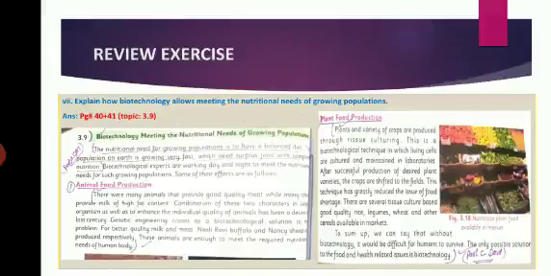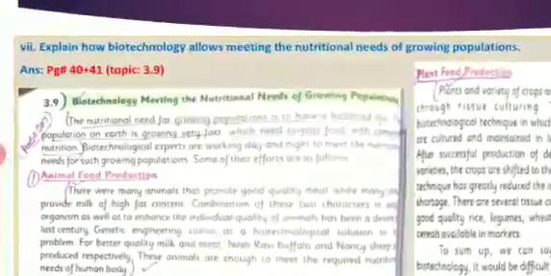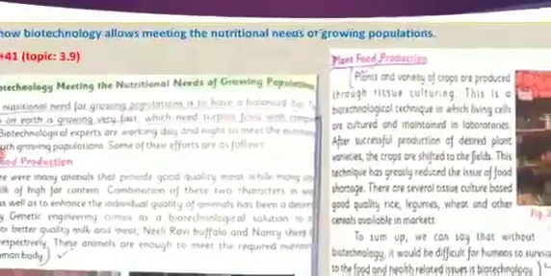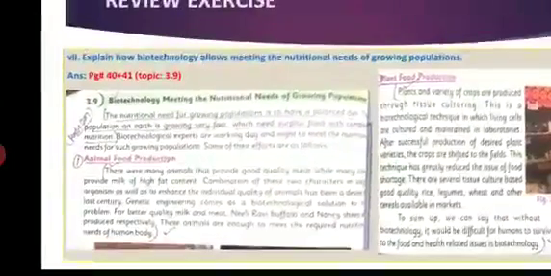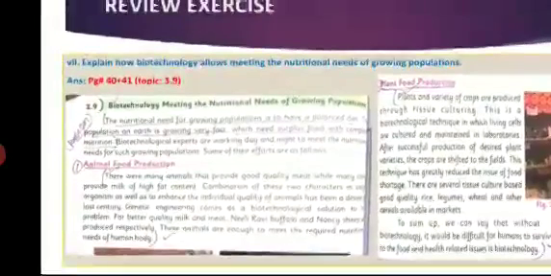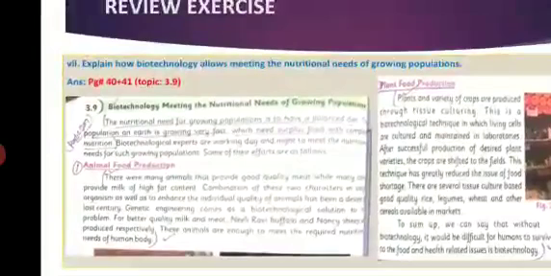Here I have marked the headings, and I have underlined some part at the very beginning of the topic, and then you have to learn the complete animal food production and plant food production at the end of this page.